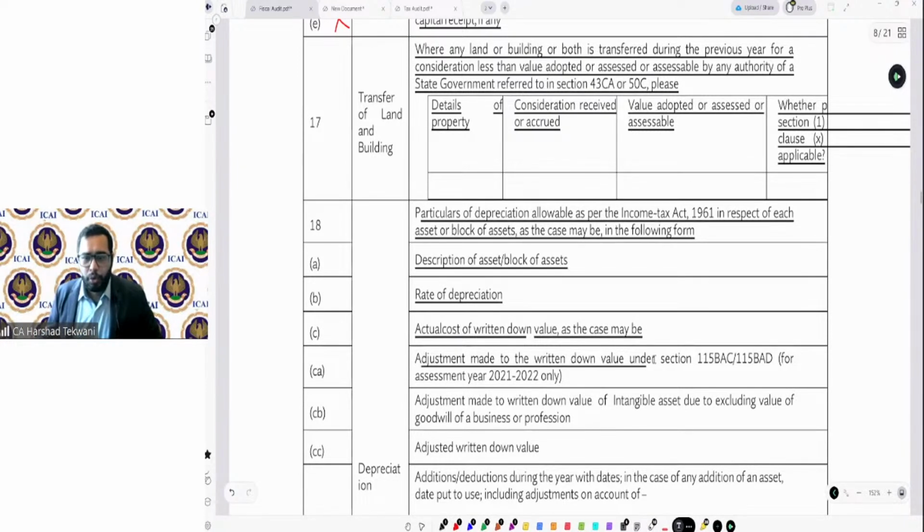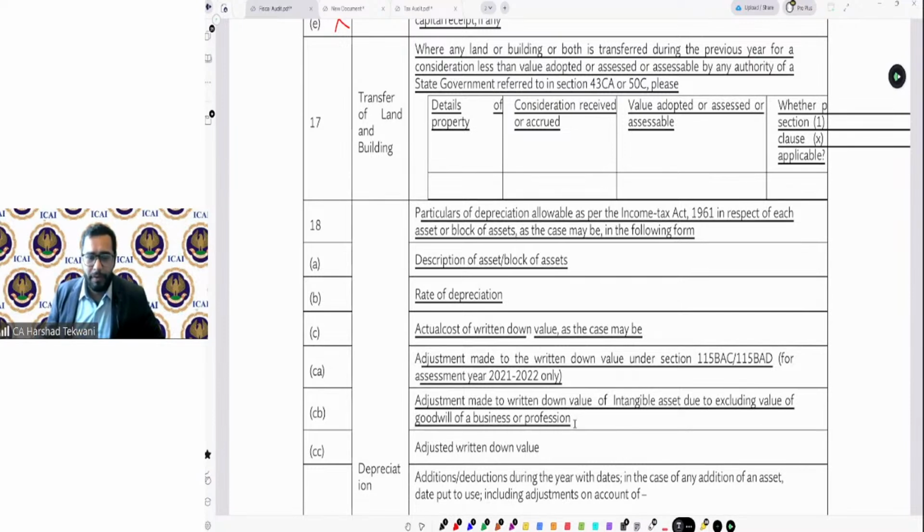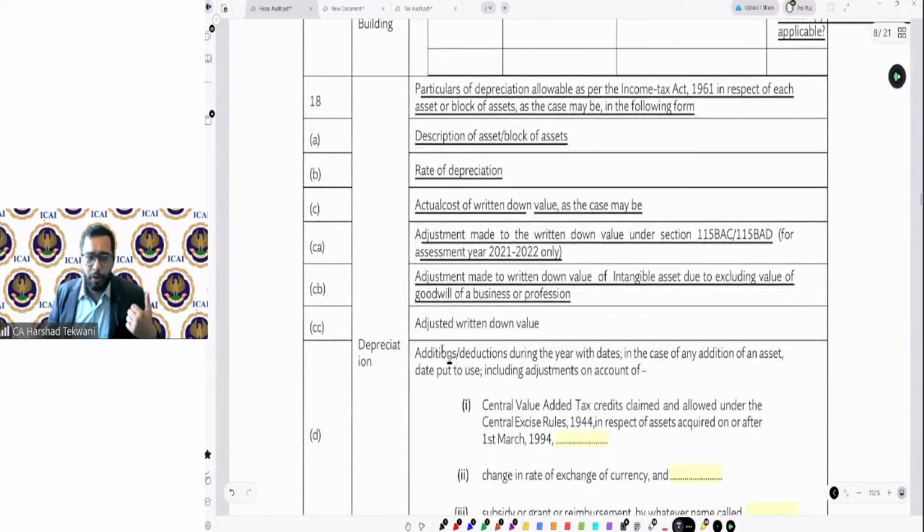Adjustment made to the written down value with respect to 115BAC, BAD, but that was only applicable for AY 21-22. Then it is now not applicable. Adjustment made with respect to the WDV of intangibles, again due to excluding of goodwill of a business or profession. That was again an amendment in Finance Act 2021 with respect to goodwill.